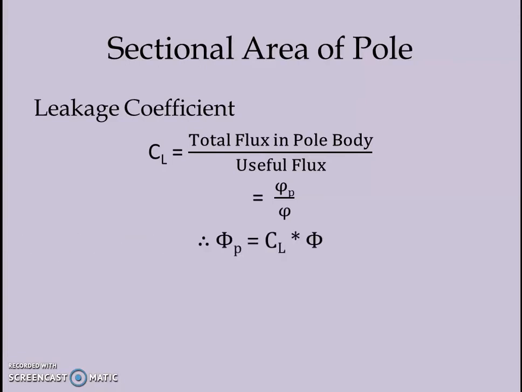Using this equation, we are easily able to calculate the total flux in the pole body, phi p, which is equal to the product of leakage coefficient multiplied by useful flux. Useful flux we might have calculated at the initial stage when we decided our specific magnetic loading.